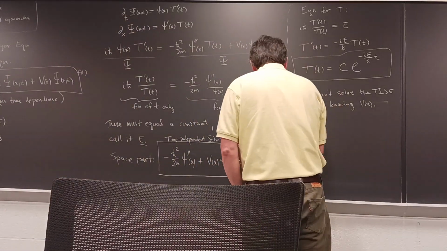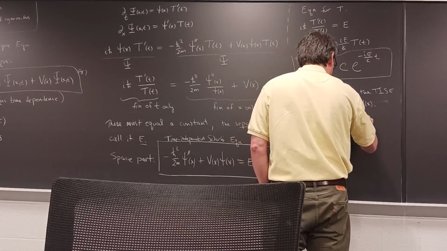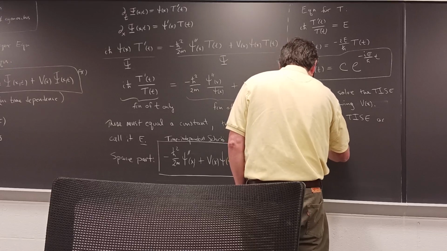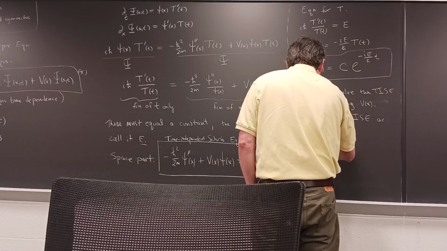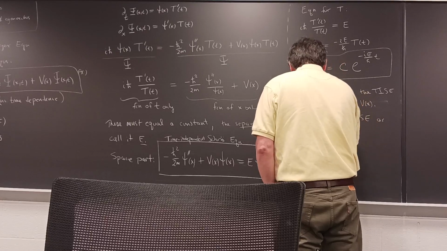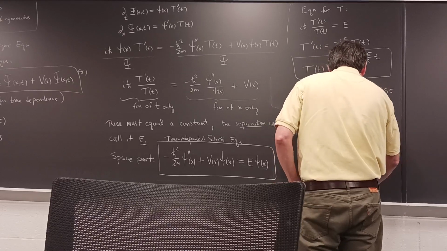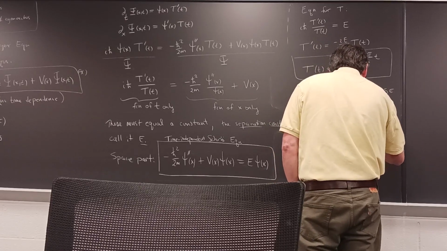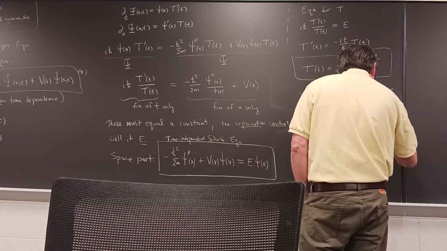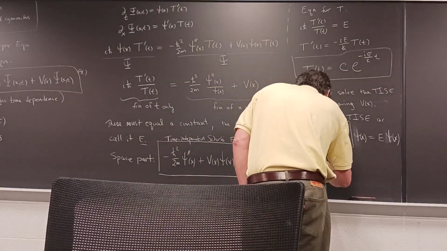But we can write the time-independent Schrödinger equation as minus h bar squared over 2m d squared dx squared plus v of x, as an operator operating on psi of x, is equal to E times psi of x. And where this operator now is the Hamiltonian.